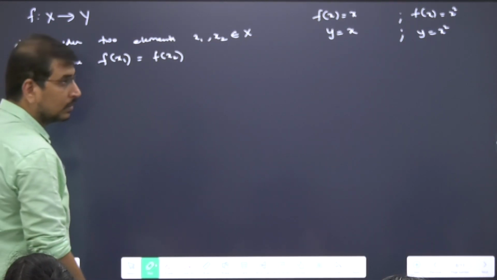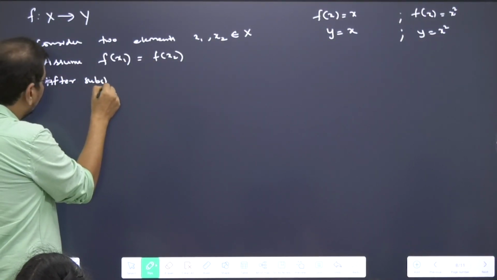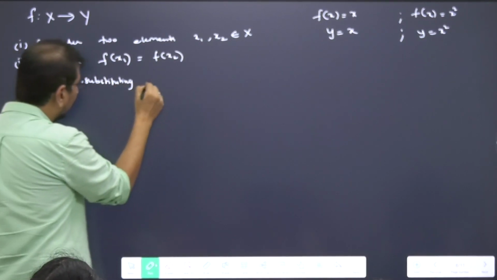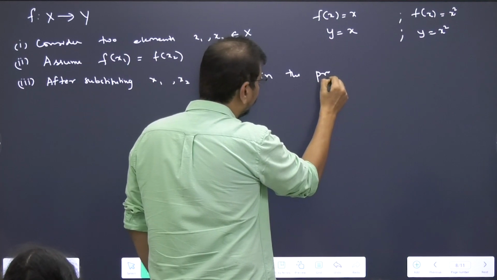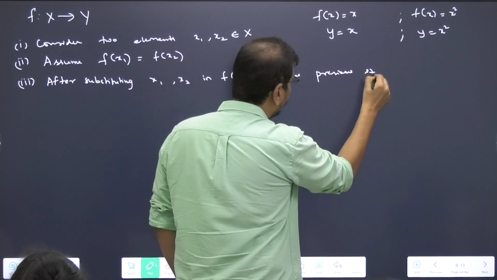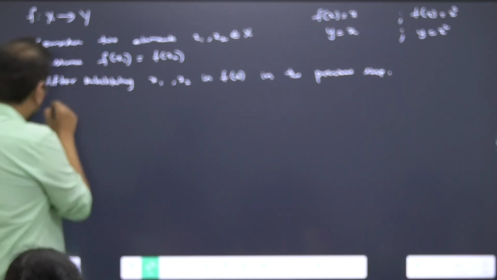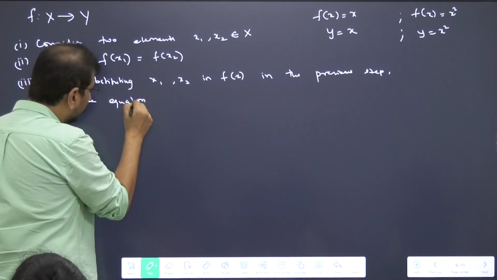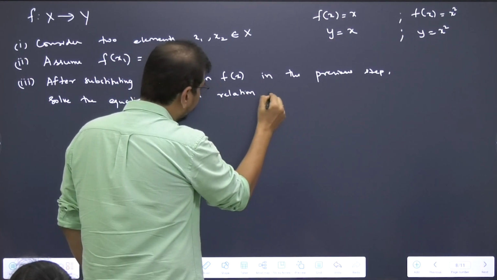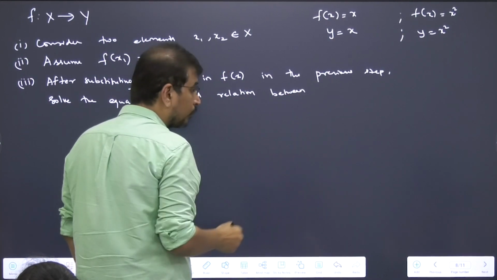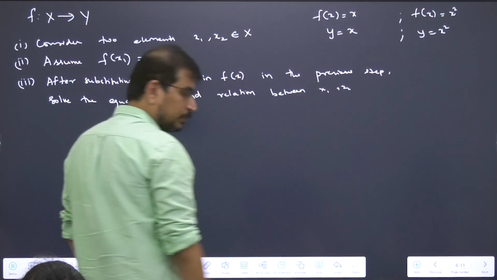Third, after substituting x1, x2 in f of x in the previous step, solve the equation to find the relation between x1, x2.